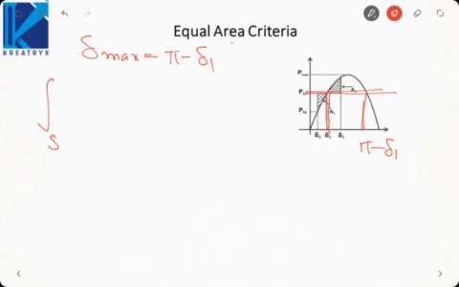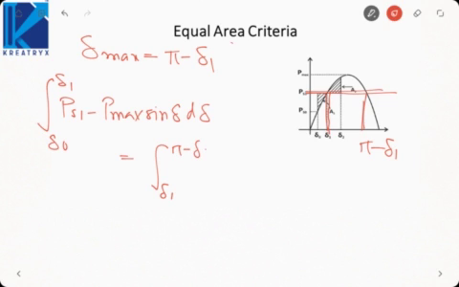So, equal area criteria will get converted to the integral from delta naught to delta 1 of (Ps1 minus Pmax sine delta) d delta should be equal to the integral from delta 1 to pi minus delta 1 of (Pmax sine delta minus Ps1) d delta. So from here what I can find out is Ps1.